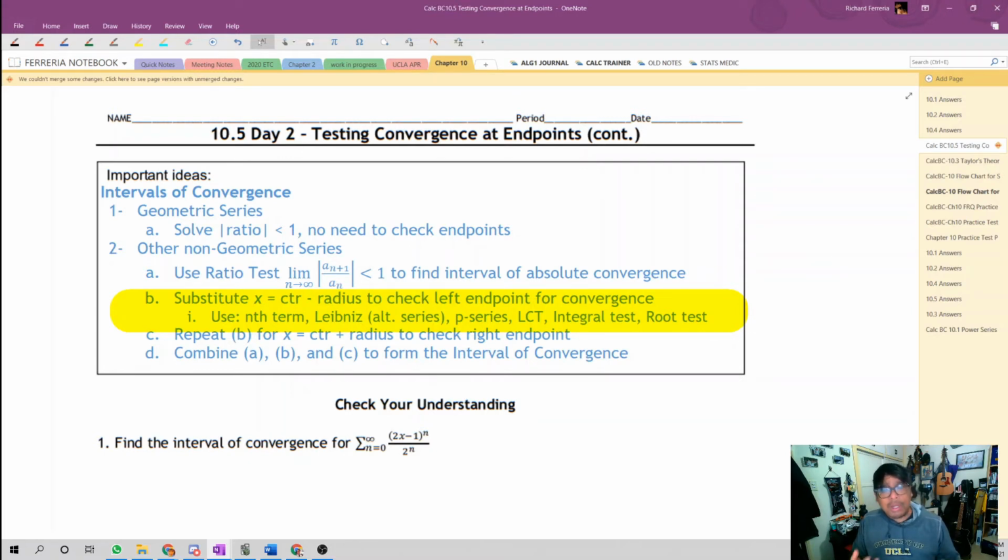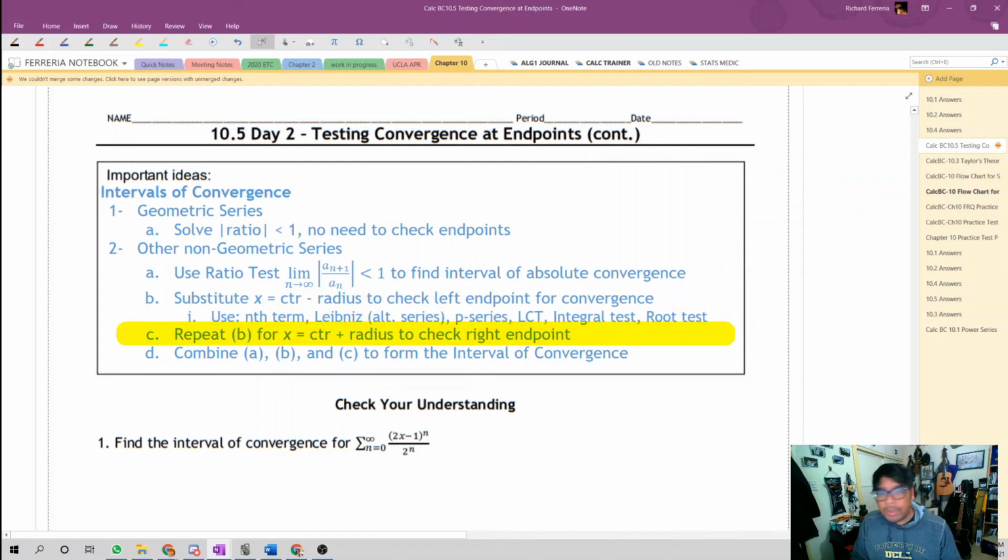Maybe in the future we'll have a supplemental video of the root test and I'll put it over here, but who knows. You're going to repeat the process for center plus radius to check the right endpoint. And then you're going to combine parts A, B, and C to form the interval of convergence.